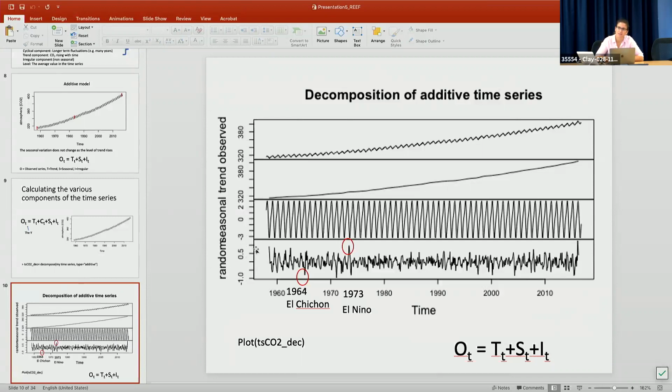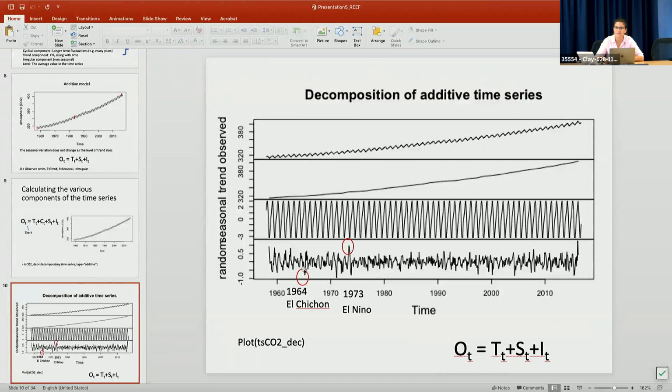Here are the irregular, random irregular parts of the time series. So if I take this one out and this one out, I'm left with this. And it's quite small, but there are points in time where we have a very strong El Nino, for example. Very strong El Ninos lead to drought, and it affects transpiration, okay, for the trees.